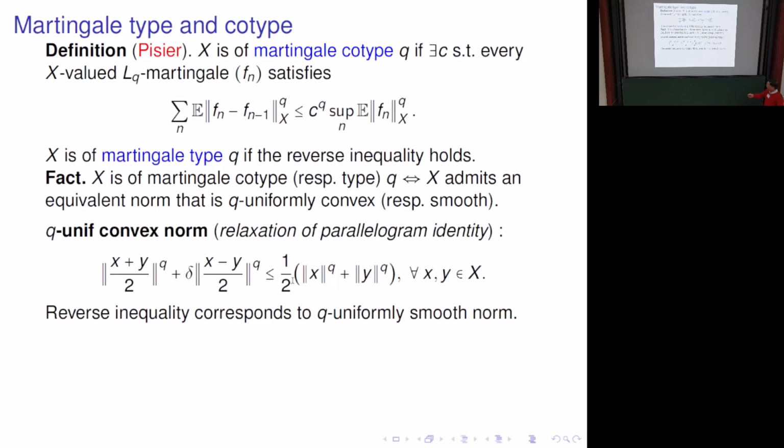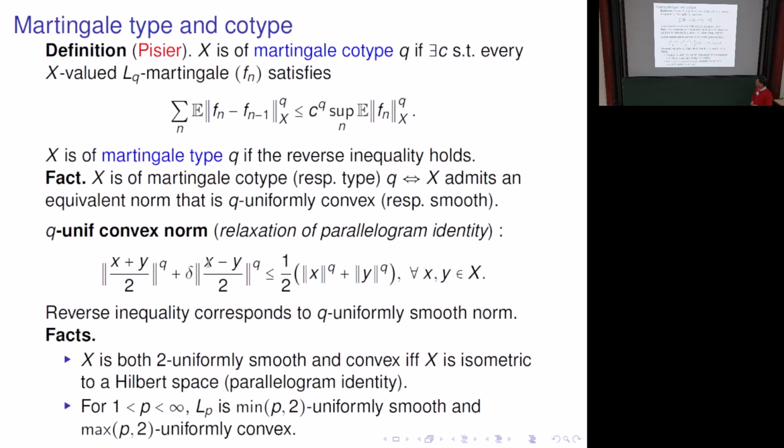If Q is still equal to 2, then we have to allow some constant here. Then for Q equal to 2, we get 2-uniformly convex and 2-uniformly smooth spaces. And for general Q, this corresponds to martingale cotype Q and martingale type Q after an equivalent norm.